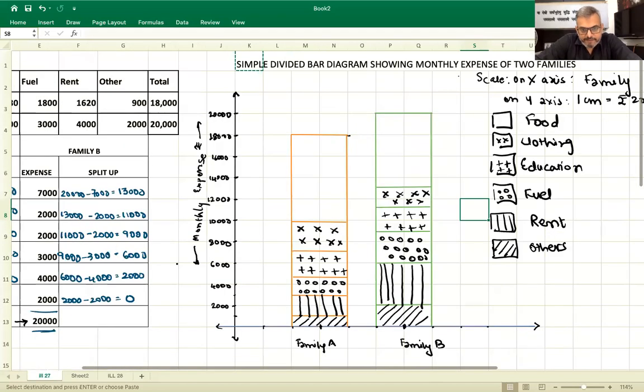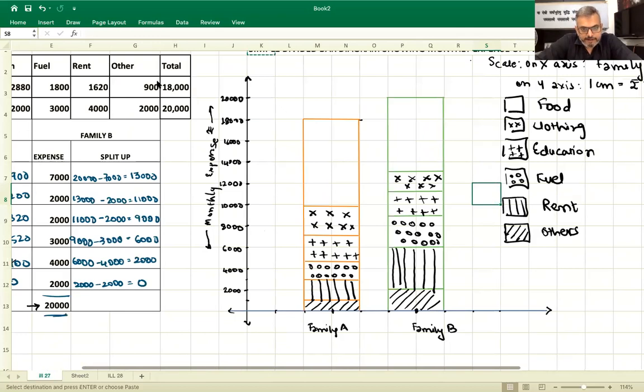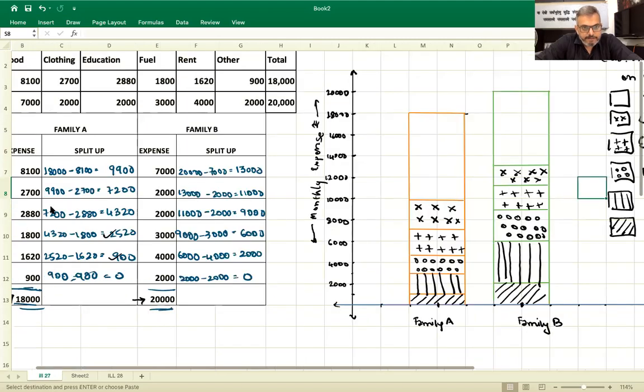Now, if you ask me, I can make out in this graph is that कि ये जो हमारा रेंट है, रेंट उसमें फैमिली बी बहुत ही ज्यादा खर्चा कर रहा है, because you can see the area is quite big as compared to family A. Even you can see the numbers.